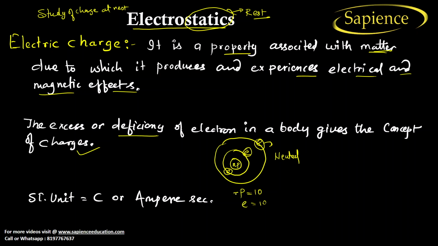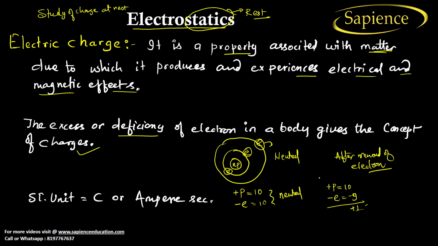This is plus charge and this is minus charge, so overall it will be neutral. But after removal of an electron, what will happen? Let us consider the plus charge of protons is equal to 10 and the minus charge of electrons is equal to minus 9. So the net charge will be plus 1.